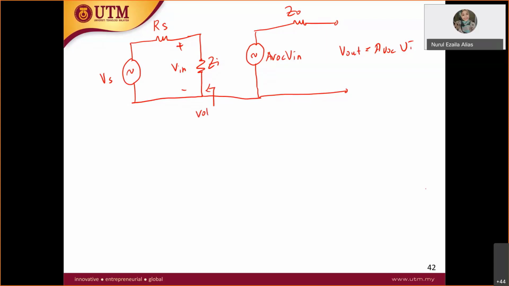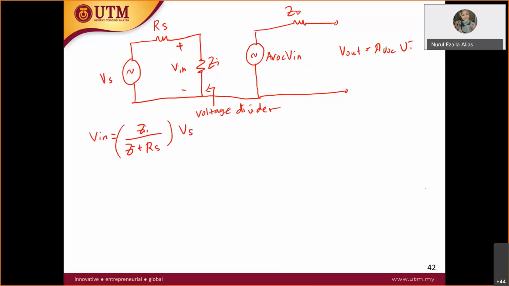I think all of you are familiar with this. So in order to get V in, V in is equal to Z in over Z in plus RS, times VS.